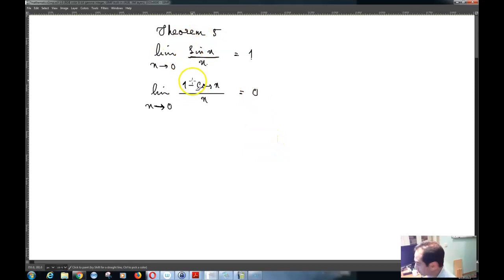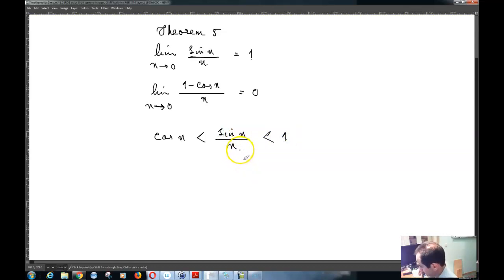So we want to prove these two limits. I mean, we want to prove that the limit of sine x by x is equal to 1, and the limit of 1 minus cos x over x is equal to 0. What we just proved here is that cos x is less than sine x divided by x is less than 1.